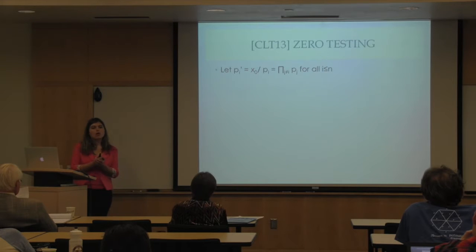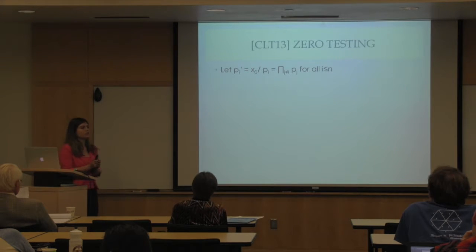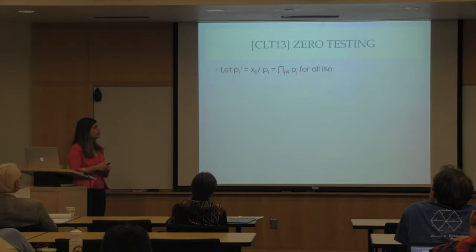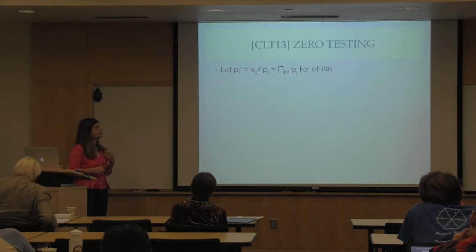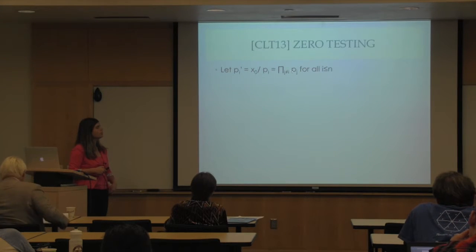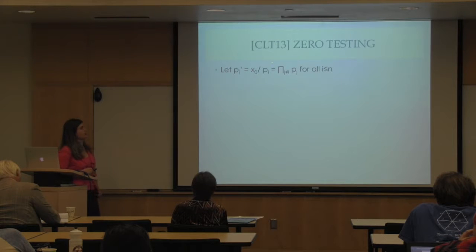So let's see how we construct the zero testing parameter. The first step is we compute the product of all initial p sub i's except the i-th one. We can see them as x sub 0 divided by p sub i. So we compute all n of them.